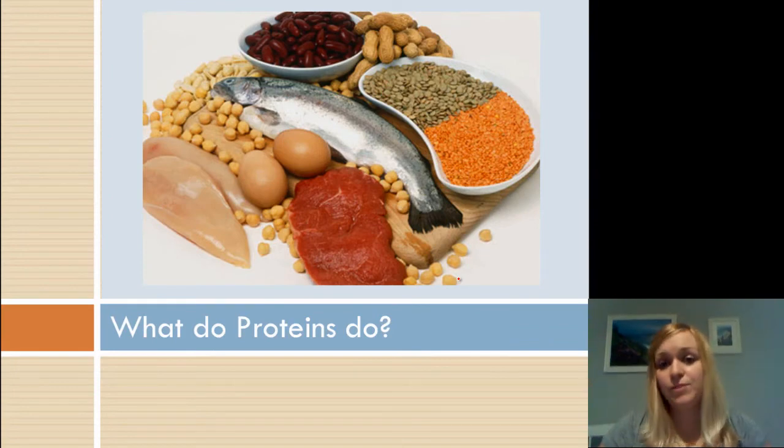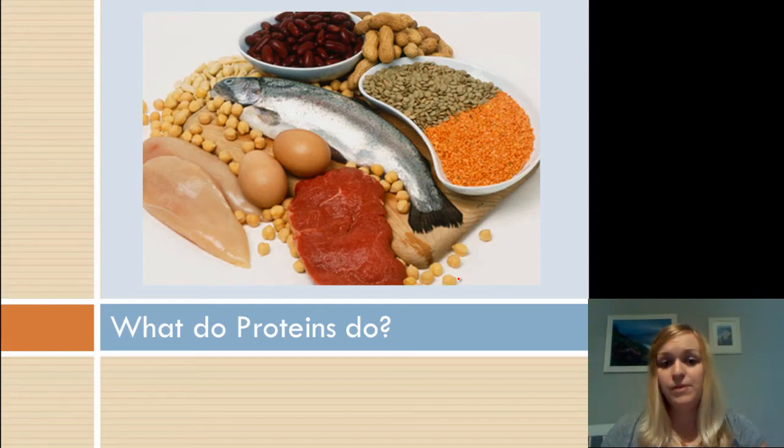All right, now what do proteins do? We all know a little something about proteins. Most of you guys would probably say we need it for our muscles, and that's absolutely true. But there's many other functions that proteins offer.